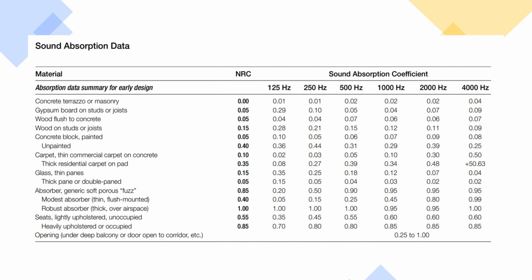Here, this concrete terrazzo masonry is a very poor sound noise barrier at multiple frequencies, ranging from 125 hertz till 4000 hertz. Generally, this NRC value is an average of the sound absorption coefficient for 250, 500, 1000, and 4000.